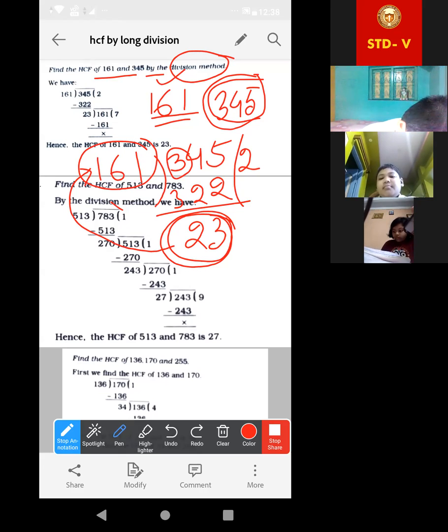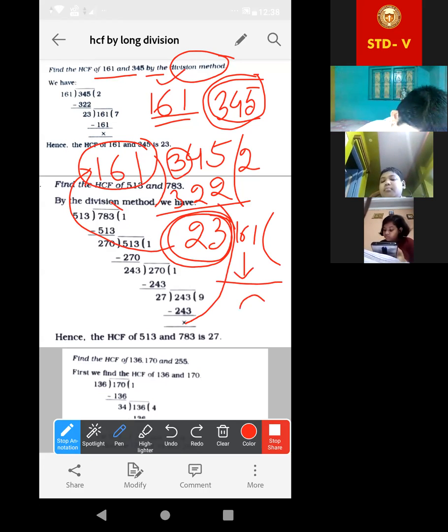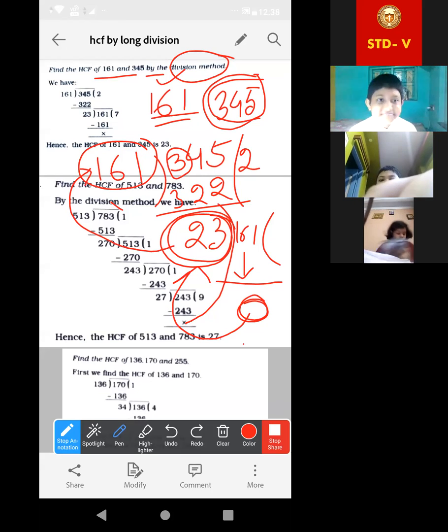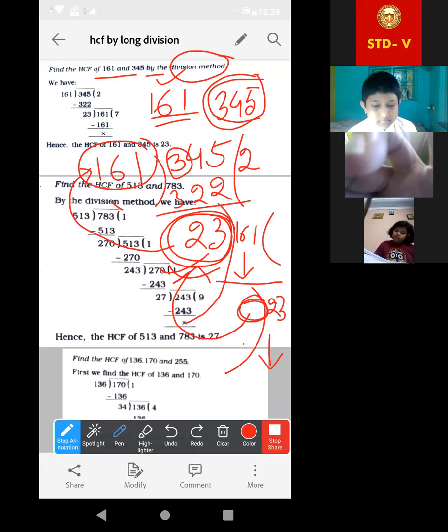So by this 23, again we have to divide this 161. And we have to continue the same process. Again, suppose we are getting a remainder, and that remainder is definitely less than 23. So by that remainder, again we have to divide this 23, and we have to continue the process until we are getting 0 as remainder.